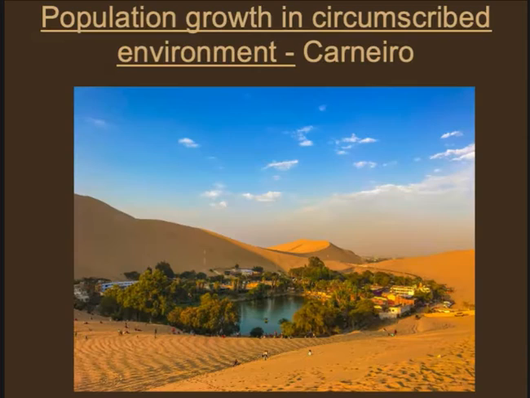Other people tried other ideas for other civilizations and Mesopotamia as well. So another theory is what's called population growth in a circumscribed environment. This was proposed by a guy named Carneiro. He said, imagine a scenario where you have different villages and towns that grow up in areas that are circumscribed.